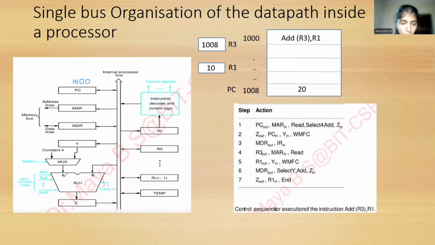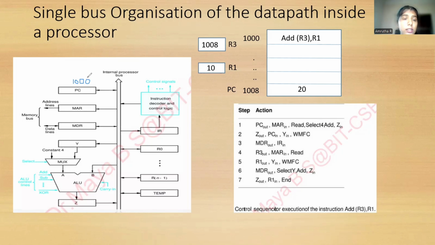A stores 4 and B stores 1000. The ALU performs the add operation on these two inputs and gives output 1004, which is stored in Z temporarily. Then Z out takes place, and the value is taken out from Z and stored in the PC, and that is why it is PC in.